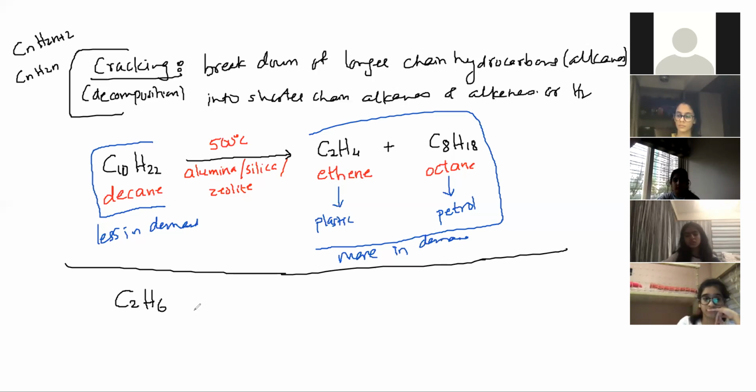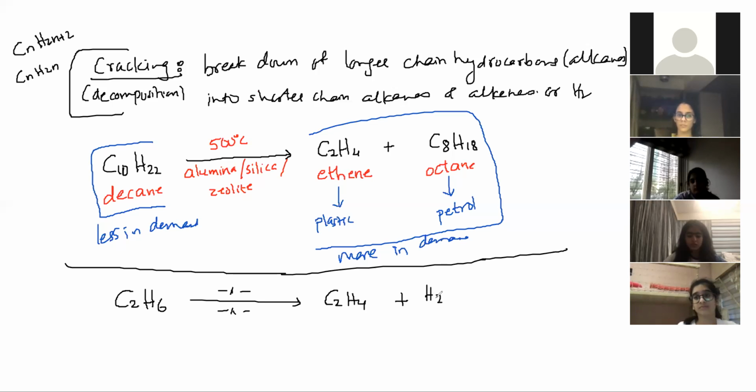If I'm cracking ethane using the same conditions, 500 degrees centigrade and the catalyst, I cannot break ethane into 1 plus 1, because you'll get methane, and there is no alkene methane. Two alkanes you can't get. So what you will get here is an alkene, which is C2H4, plus what is the other product?